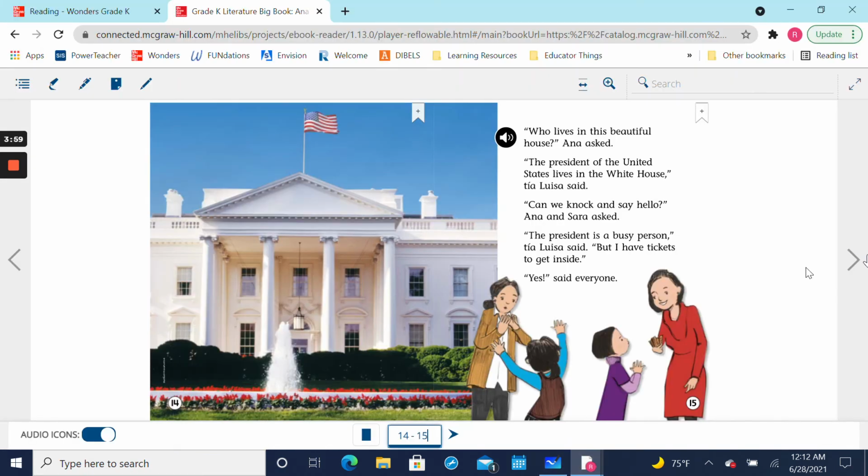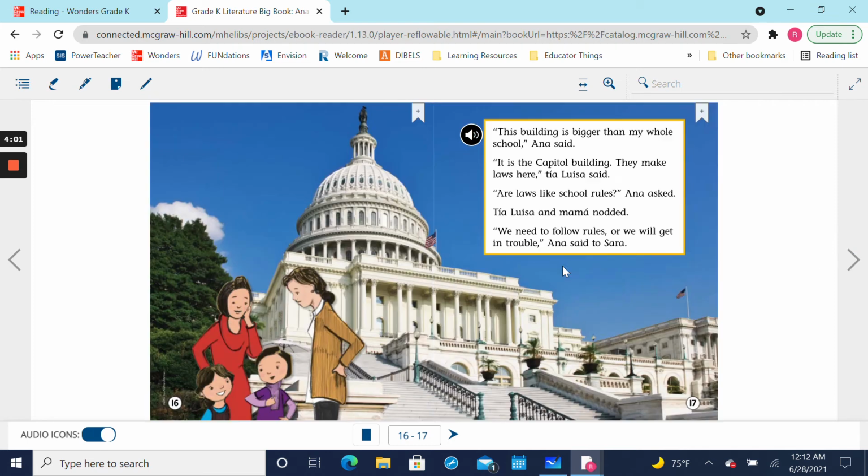Let's keep going. On the very next page, Anna and her family visit somewhere else. What is this place called? Do you remember? Well, if you don't remember, you can always reread to figure out what this place is. It says on page 17, "It is the Capitol building. They make laws here."